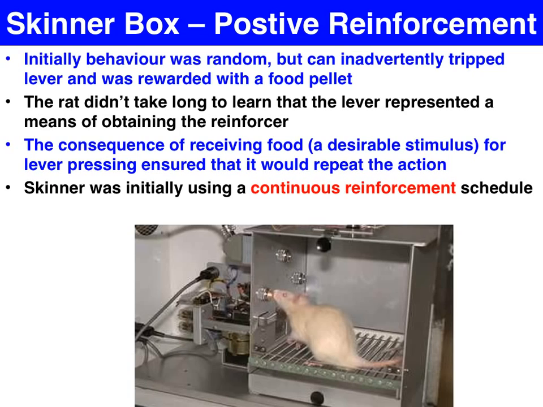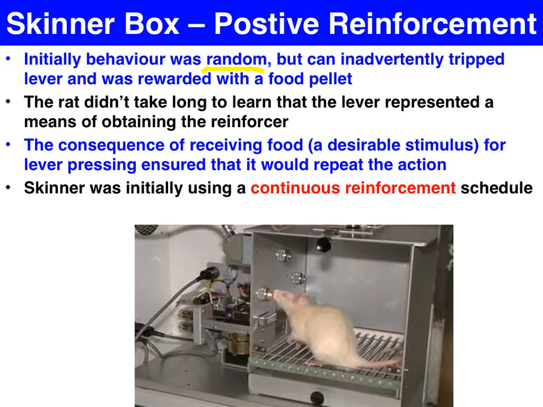So in order to provide motivation for behaviour, Skinner used hungry rats that were placed in his Skinner box. And much like the cats in Thorndike's puzzle box, initially their behaviour was random until they inadvertently hit the lever, which resulted in the immediate rewarding of a food pellet.